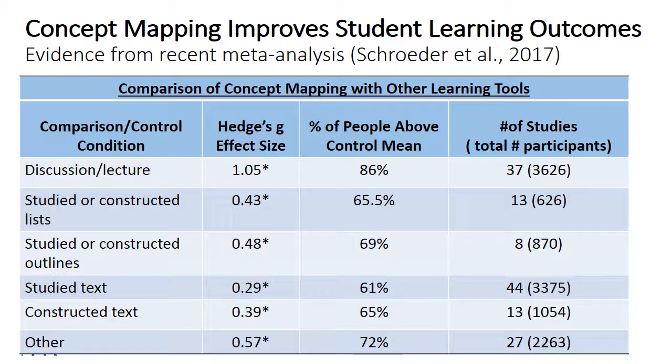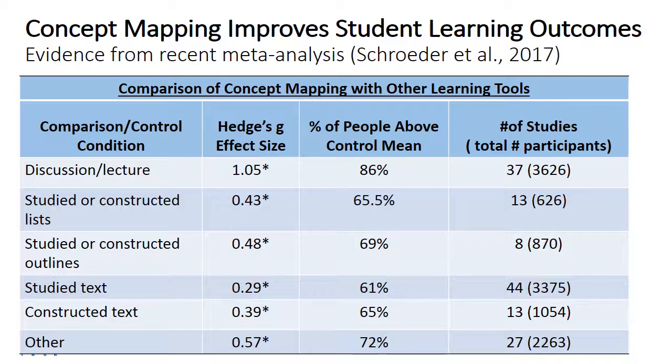They also compared it to studied or constructed outlines, studied text, so summaries of the information, or constructed text. So this would be the student creating a verbal summary, in paragraph form, of the class information. And then there were some other studies that employed various learning strategies.